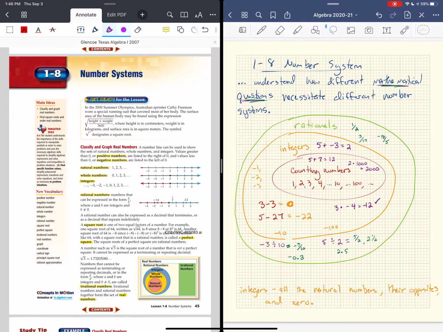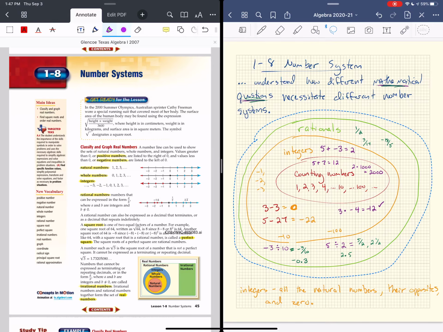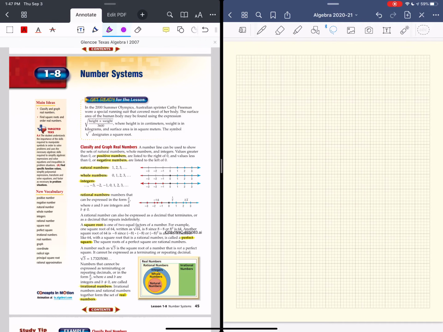Now, I want to take this whole system and, I do need a definition for rationals, don't I? Okay, I'll give you that definition in just a second. So I'm going to take this whole system, and let's paste it here. Oops.